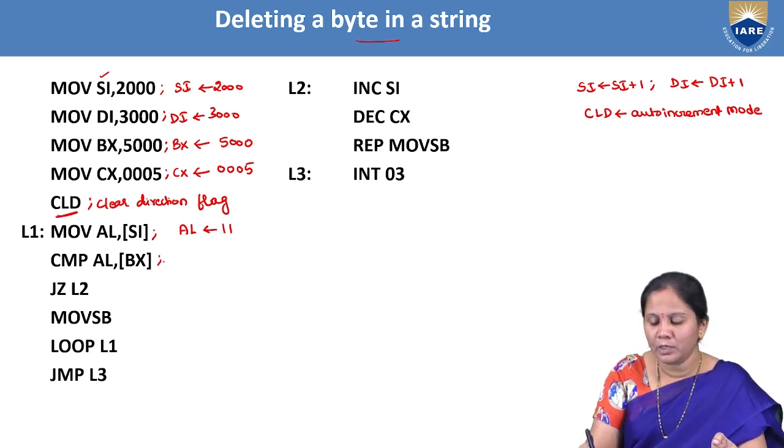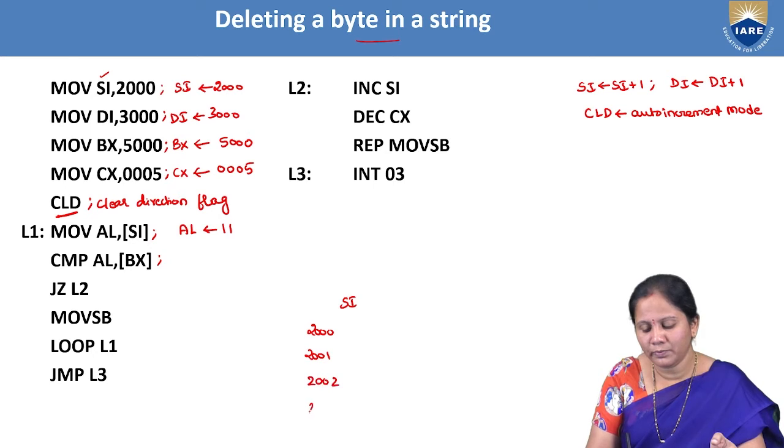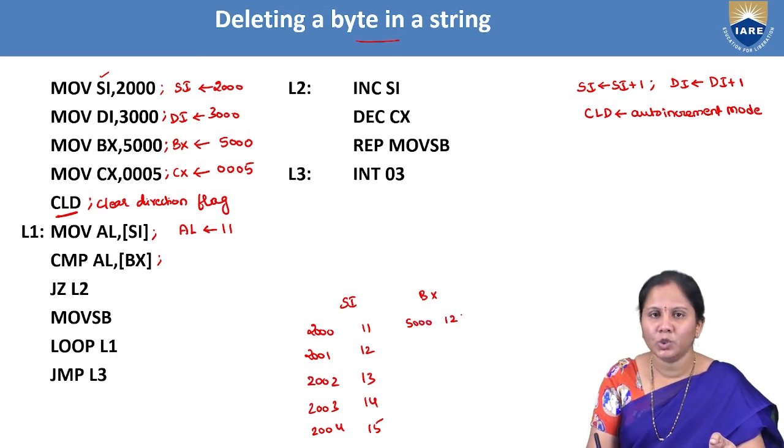Let us consider SI 2000, 2001, 2002, 2003 and 2004 consist of 11, 12, 13, 14 and 15, and BX is having 5000 and we are taking 12, the number which you are going to delete. After deleting, let us consider what we are going to observe in DI.